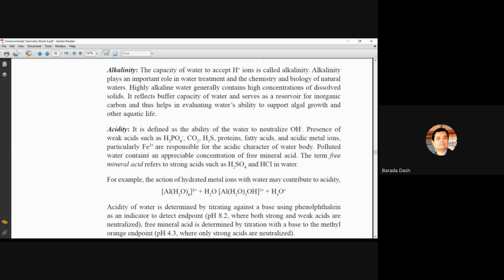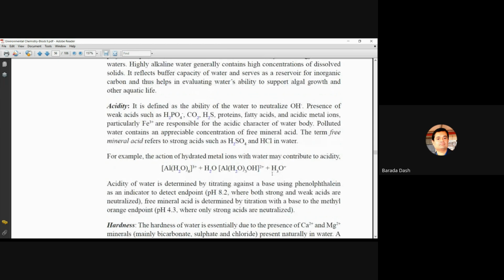Polluted water contains an appreciable concentration of free mineral acid. The term free mineral acid refers to strong acids such as sulfuric acid and hydrochloric acid in water.